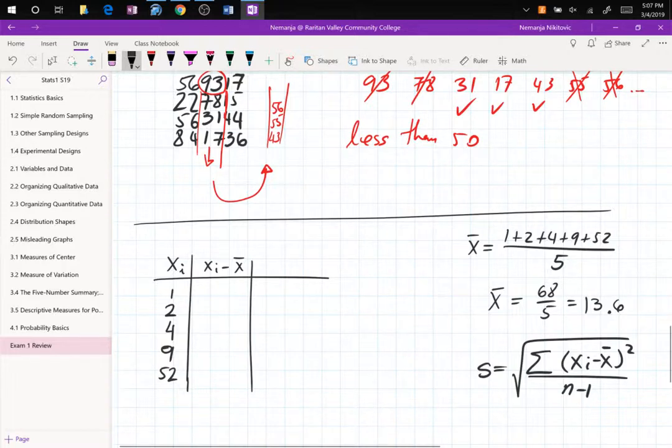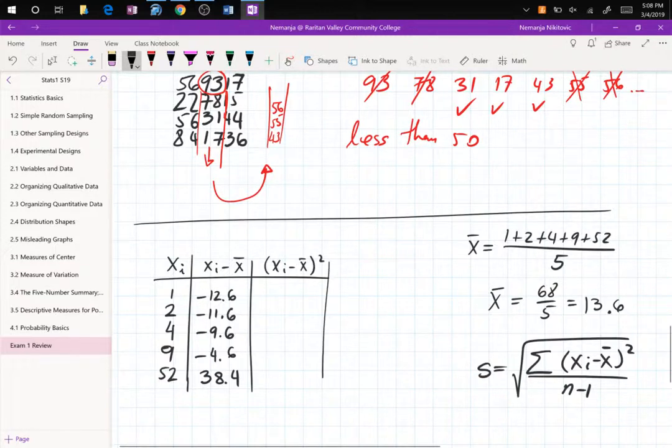That's 1 minus 13.6, that's negative 12.6, negative 11.6, negative 9.6, negative 4.6, and then this is 40, 39, 38.4. So these are our values. Now we need to square each one of these, and then at the end, we're going to add them all up.